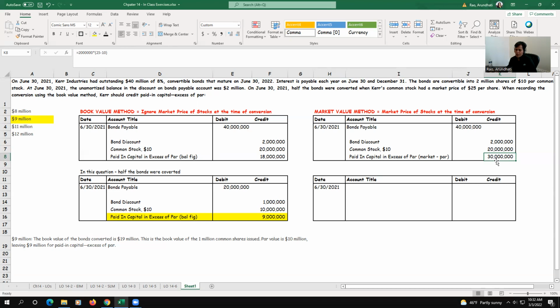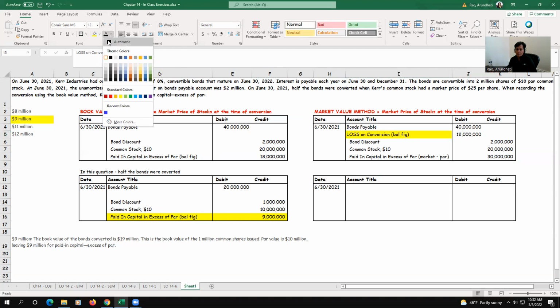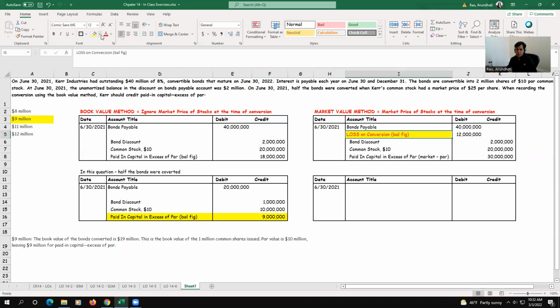Now that I've taken care of everything, I again look at whether my debits and credits are equal. Obviously, the answer is no. I'm short on the debit side, which means I have a loss on conversion.